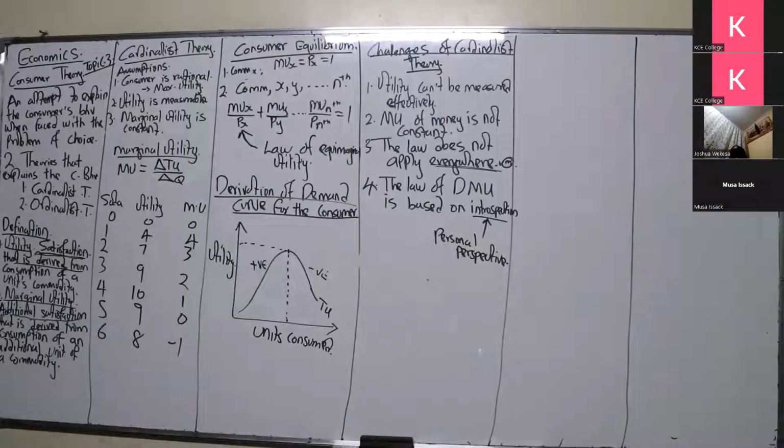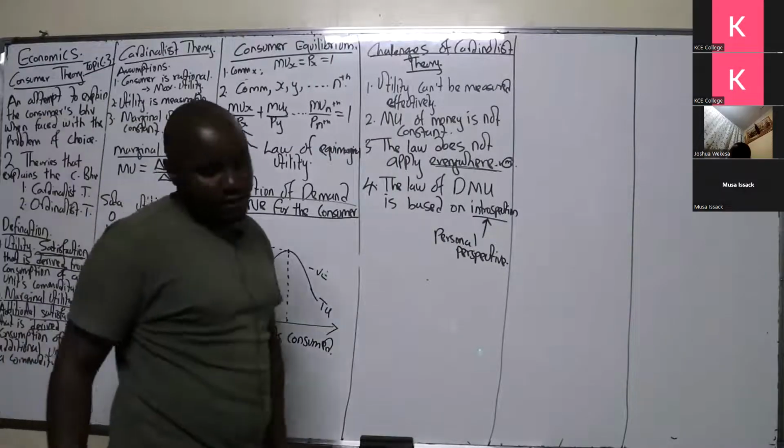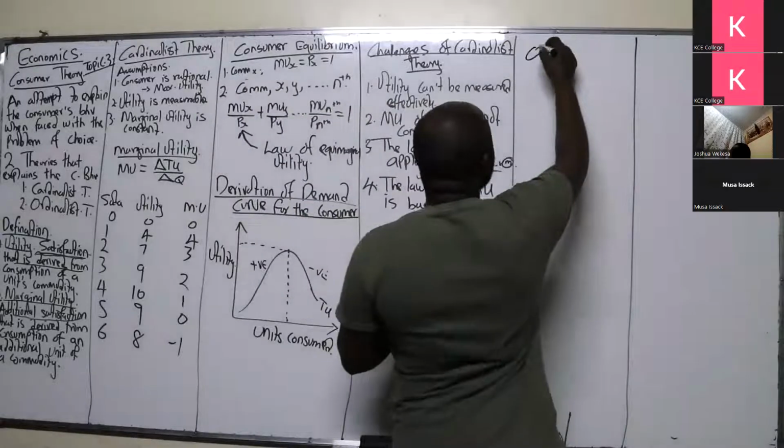So the next theory is called the Ordinalist theory.